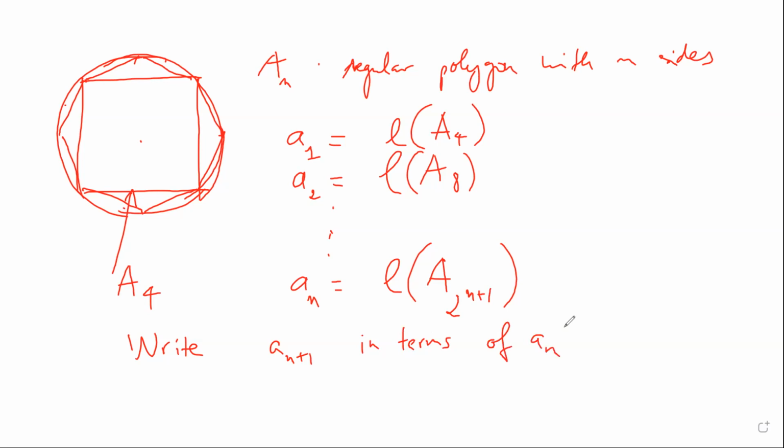Find a formula connecting these two. Once you have such a formula, you can quickly compute the next term and see how the sequence behaves. So please try this. If you finish, let me know.